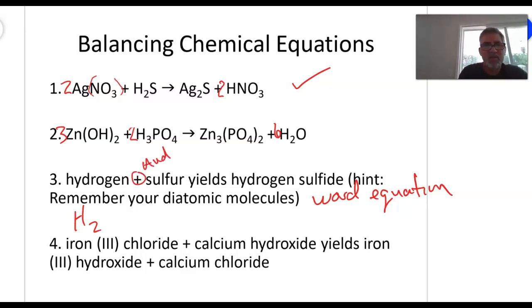So hydrogen and sulfur yield hydrogen sulfide. Okay, remember your diatomics. Most gases are diatomic. So I have that. So if you look at this now, I have hydrogen and sulfur, hydrogen sulfide. I have 2 here, 2, 1 and 1. All you have to do is write it.